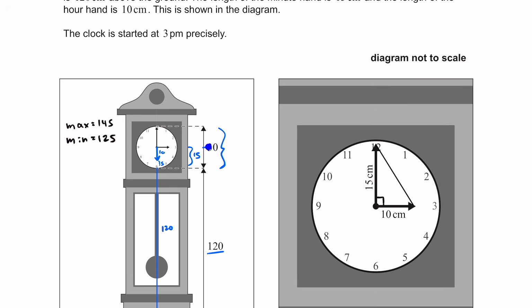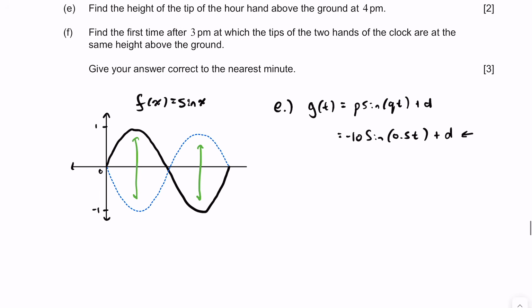Well, this halfway point of 120 plus 15, or 135. So our midline, what we shift this function up by, is going to be equal to 135, the halfway point right here. So plus d, which is given by 135.